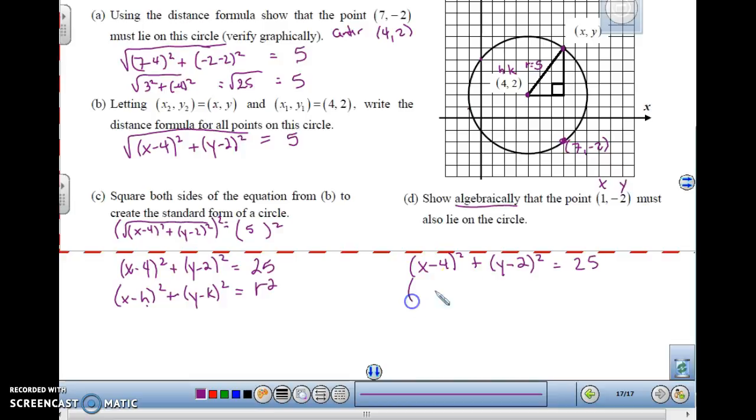Plug them in: 1 minus 4 squared plus negative 2 minus 2 squared equals 25. Let's see if it does. 1 minus 4 is negative 3 squared. Negative 2 minus 2 is negative 4 squared. 9 plus 16 equals 25. So this point is on the circle because it works in the equation.